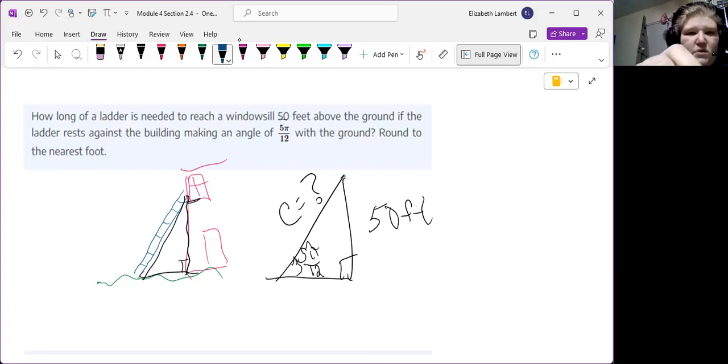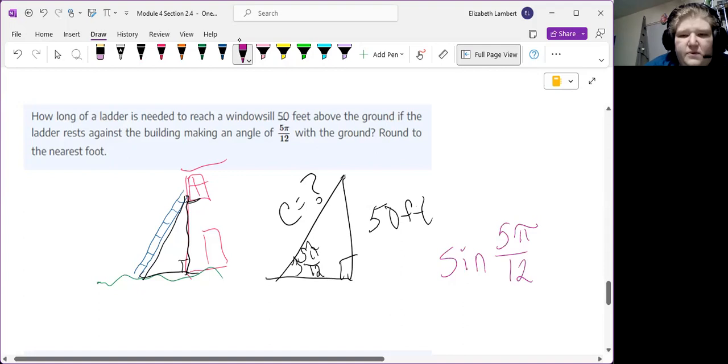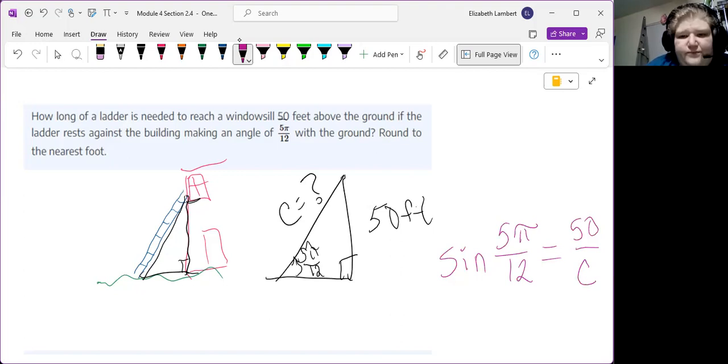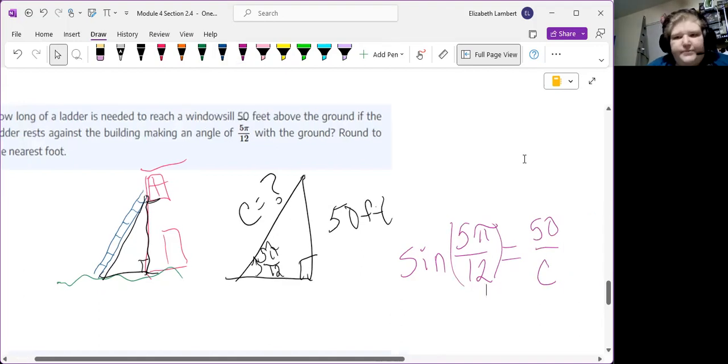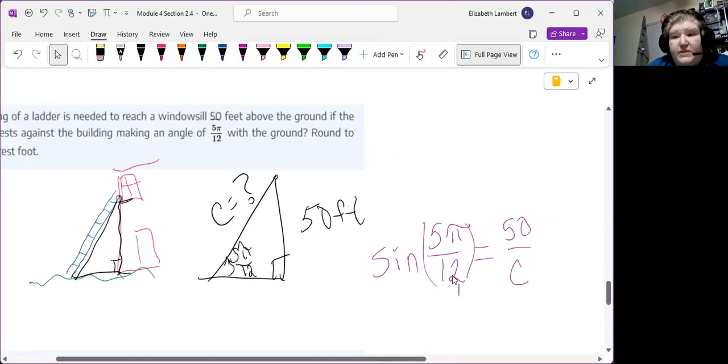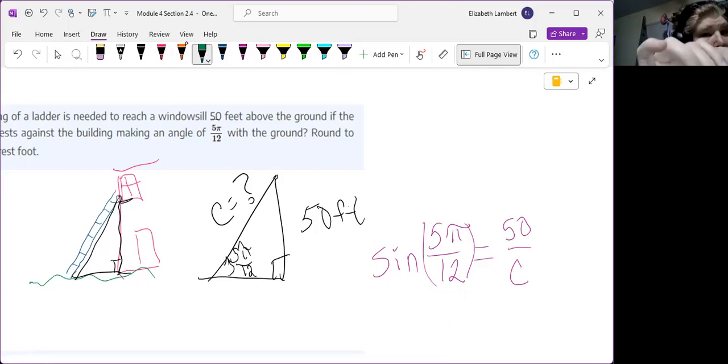So the sine of 5 pi over 12 must equal 50 over C. All right, so that 5 pi over 12 is some ugly angle measure. Sine of 5 pi over 12 is something that I can type on the calculator and get a result for. So this is number equals number over C. So I just need to solve this equation for C, and then I can punch in whatever weirdness I get into the calculator to do the calculation.